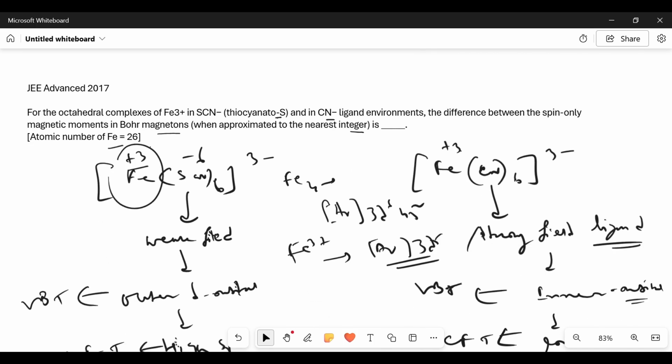Approximated to the nearest integer, it is 3.2, or you can write directly 3 Bohr magneton. Okay, so this is a very important question, and different types of important questions I have already covered in these 3 episodes. Hope it will help you a lot.